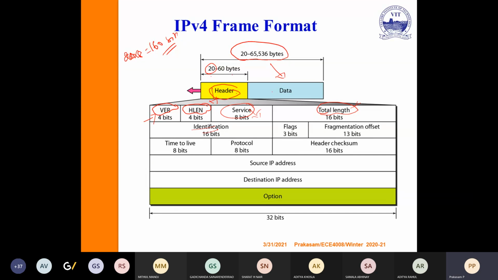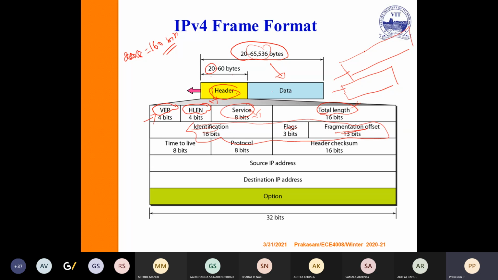Then identification, flag, as well as fragmentation. All these things will be used to fragment the information. What is meant by fragmentation? Suppose the length of the header is too huge, or the length of the data is greater than 65,536.